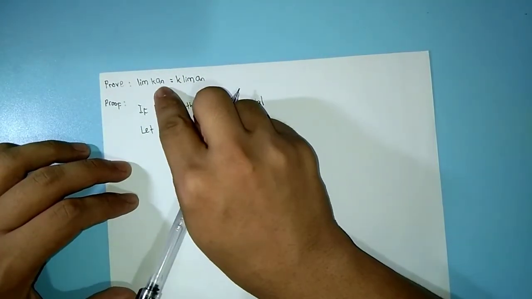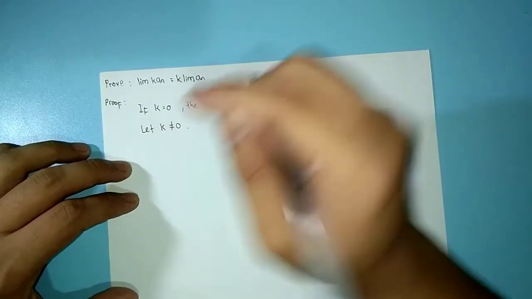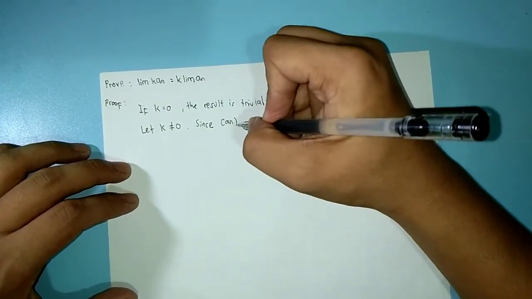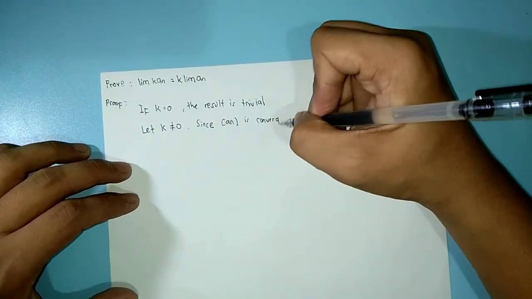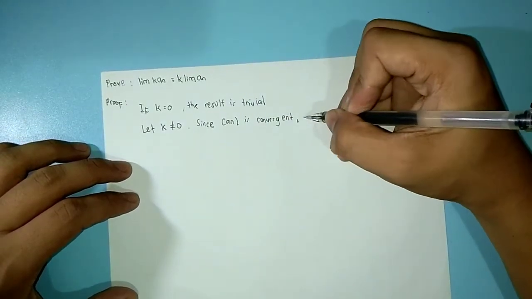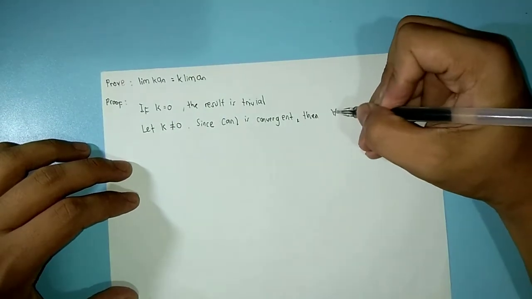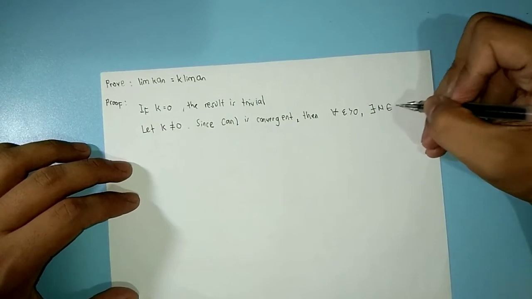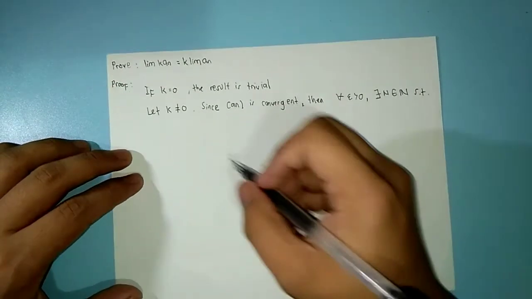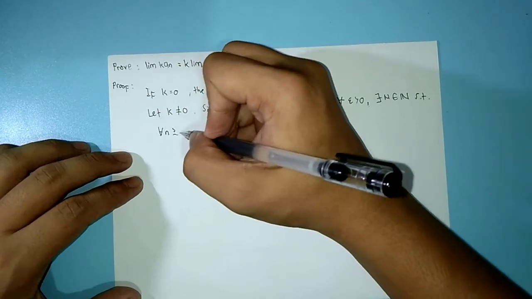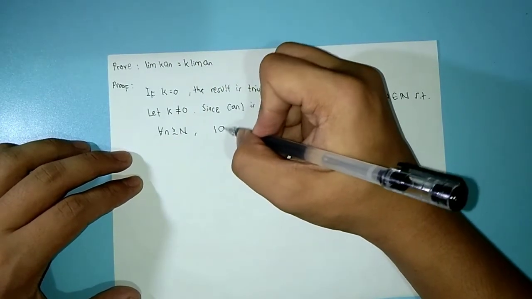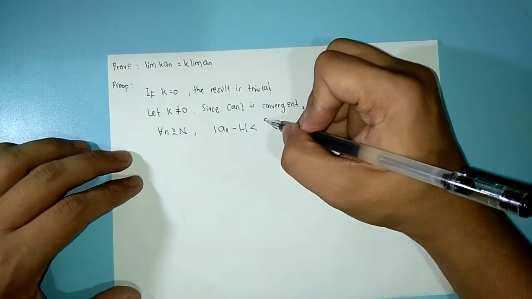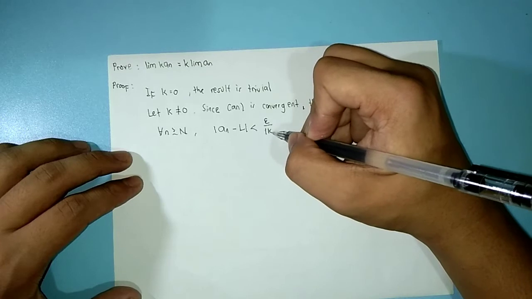So, since yung sequence a sub n is convergent, then for all positive epsilon, merong mag-e-exist na natural number N such that for all n greater than or equal to N, the distance between a sub n minus L will be smaller than epsilon over the absolute value of k.